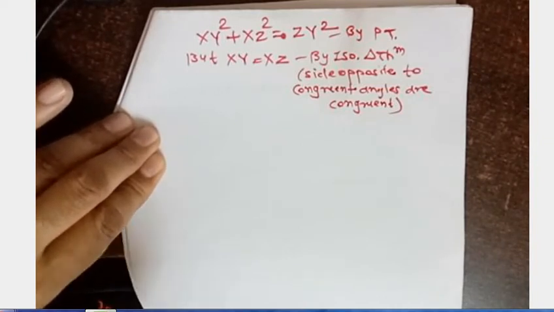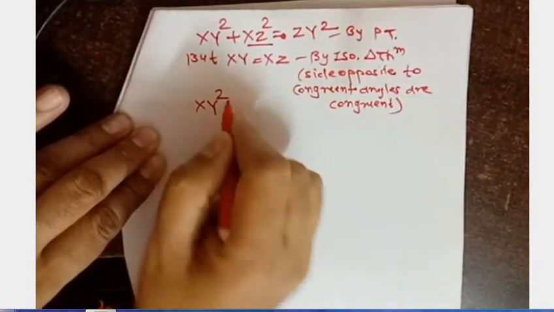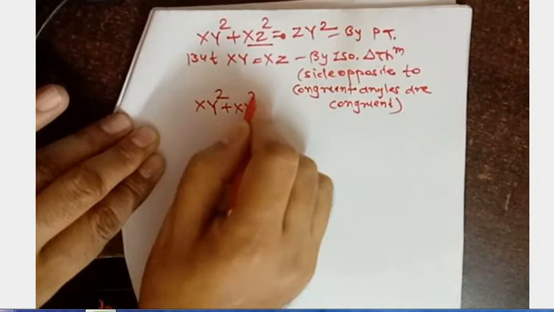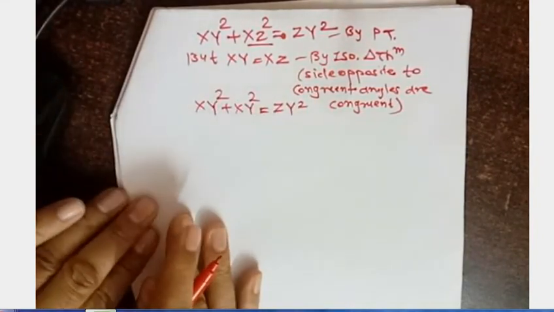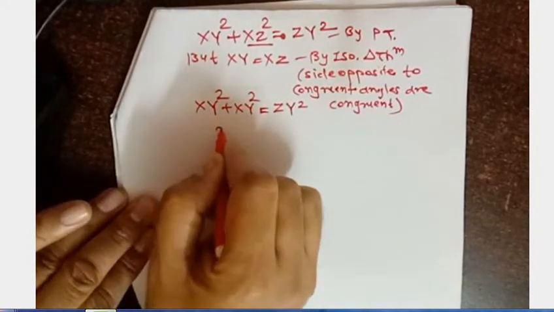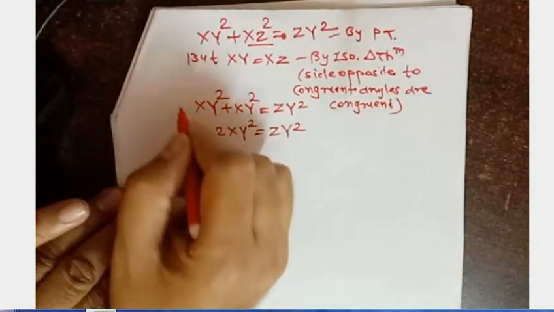Now instead of XZ I write XY, and therefore XY square plus XY square is equal to ZY square. 1 XY square plus 1 XY square, 2 XY square is equal to ZY square.